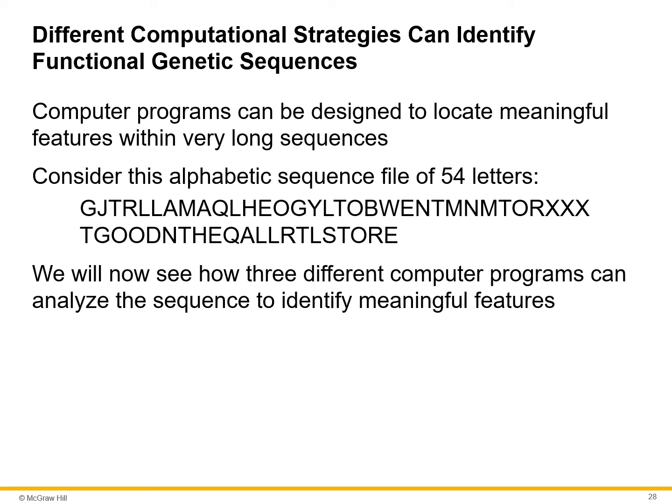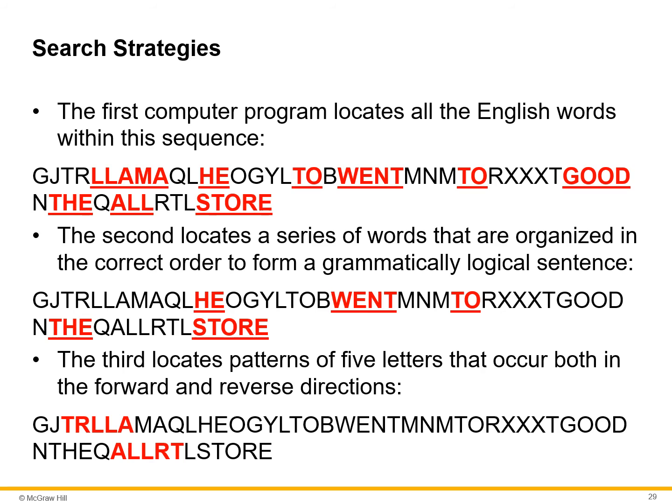If you had this sequence here, 54 letters, and you wanted to look at them for different things. So you might say, well, find all the English words in that sequence. And so this program did that.